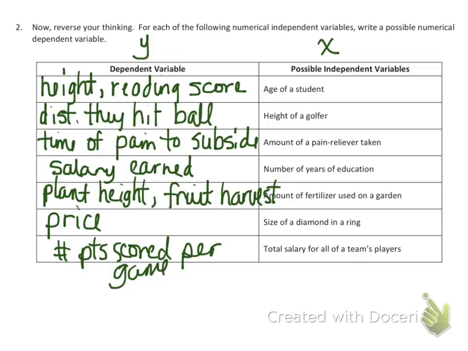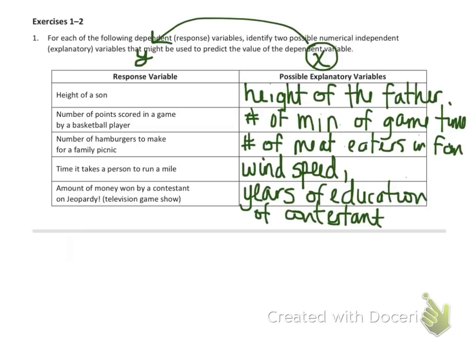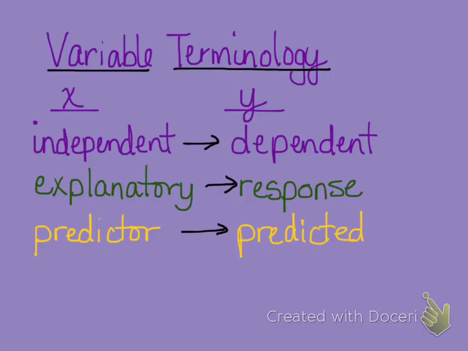Maybe there's not. Okay, so we're going to continue talking about independent and dependent variables, and we're going to also use this other new vocabulary. So you should probably have this written down somewhere. It's the handy chart. Independent, dependent, explanatory, response, predictor, and predicted.